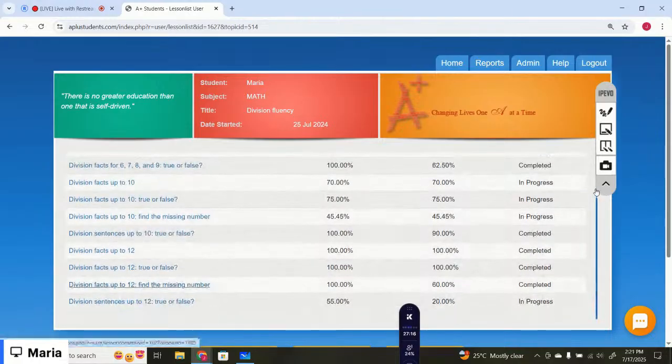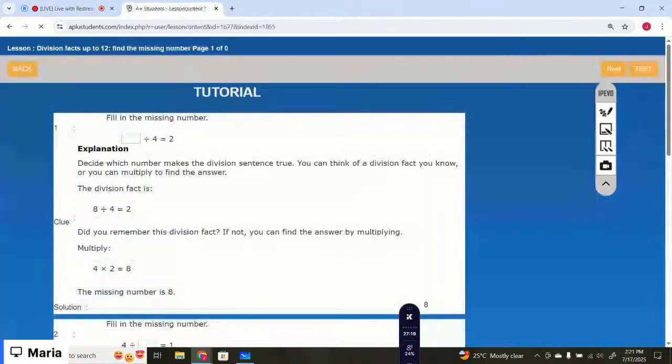Division facts up to 12, find the missing number. Fill in the missing number.